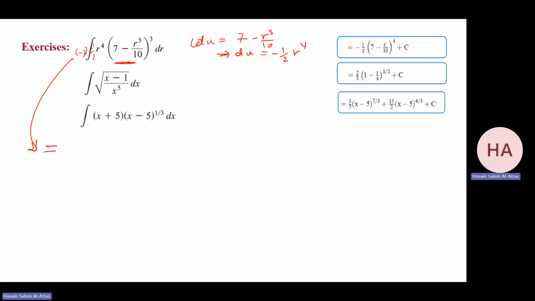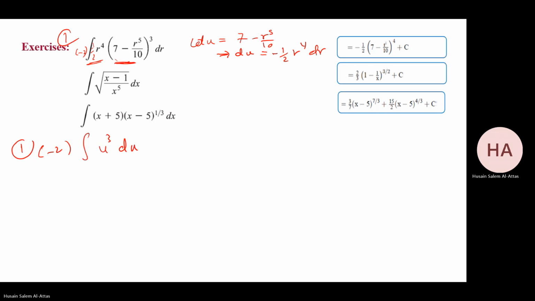So this one will be the integral, let me call it 1. I have minus 2 times minus half r to the power 4, this is du with the dr, half dr. And I have u cubed du.